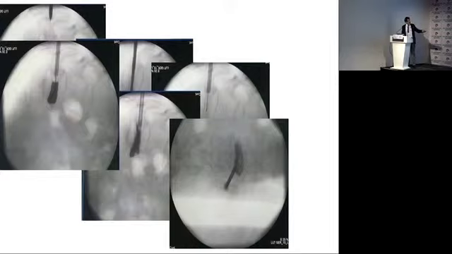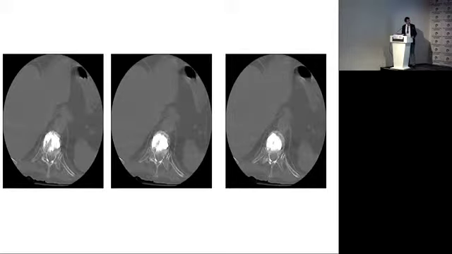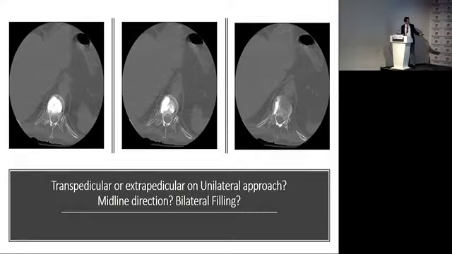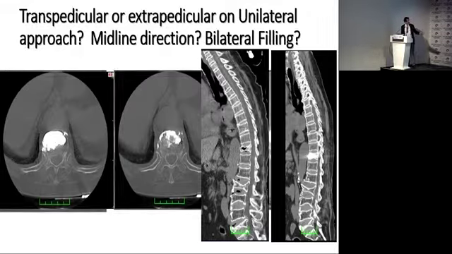As you see, the approach is transpedicular, so the needle didn't cross the midline, but we achieved bilateral filling. These are the postoperative CT images. As you see, the transpedicular approach, unilateral only, and the bilateral filling.